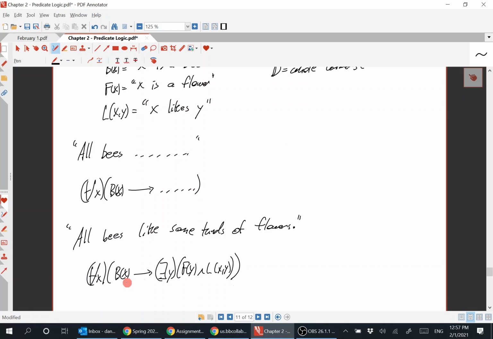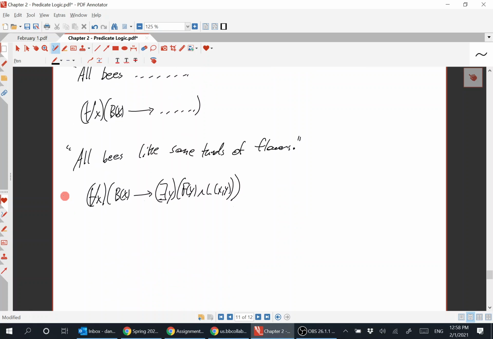So all bees like some kind of flower. Now, whatever flower it might be depends on the bee. This bee likes roses, that bee likes violets, this bee likes jasmine, whatever it might be. Every bee, for every X, if X is a bee, then he's got a flower he likes. So all bees like some kind of flower.